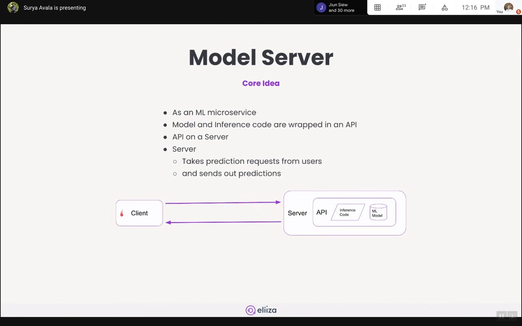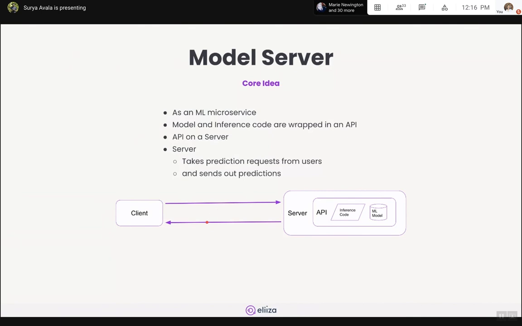These clients might be other microservices in your organization, or could be end users if you're exposing this API publicly as well. And then the server would take the incoming prediction requests and send them to the inference code, which would get the predictions out of the ML model, and then those predictions are sent back.